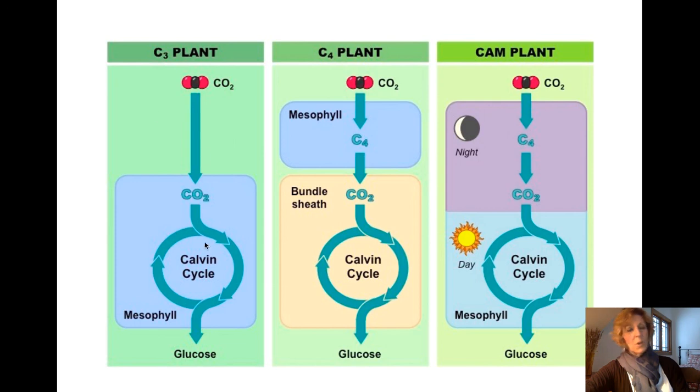Remember, the great majority of plants on Earth use C3. But think about climate change, and think about the effects of warmer climates, sometimes drier climates, and you can very clearly see that conditions that may have been very favorable for C3 plants, for example, may not be favorable for those anymore in a warmer environment.